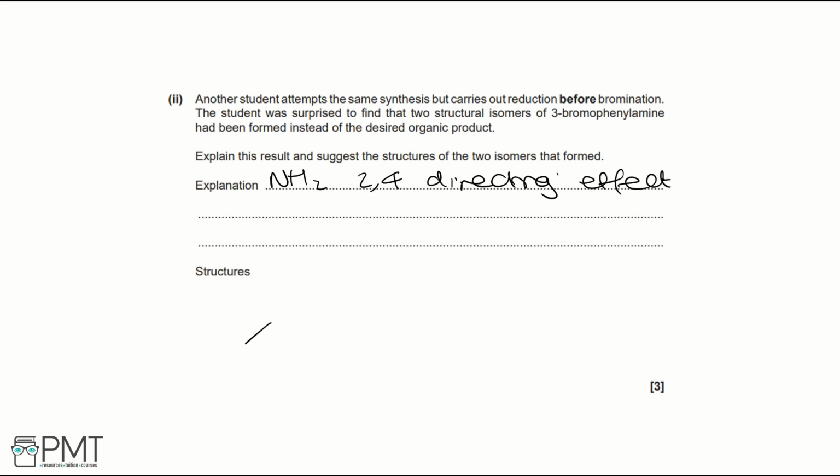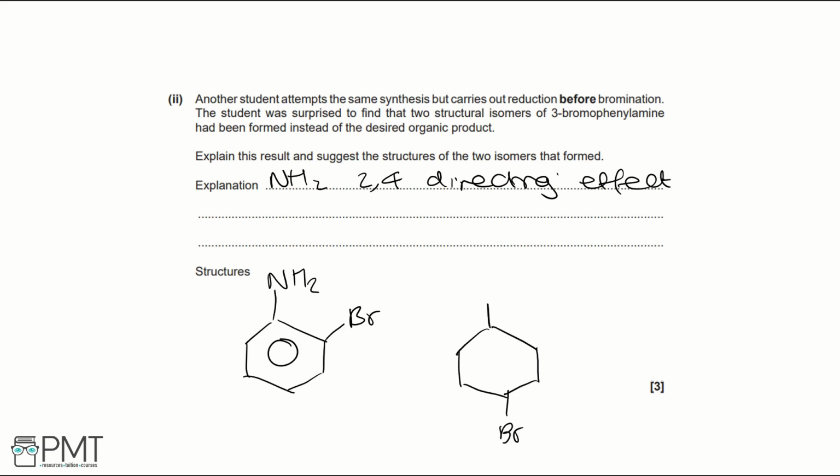So our first structure will have the bromine in the second position around the benzene ring, and our second structure will have bromine in the fourth position around the benzene ring, which are different to our product. For this question, the explanation of saying that NH2 groups have a 2,4 directing effect gets you the first mark, and each structure being correct will get you a mark for this question.